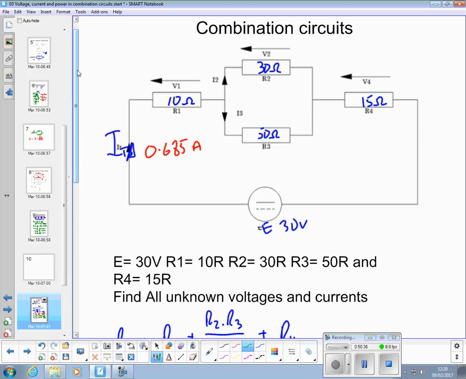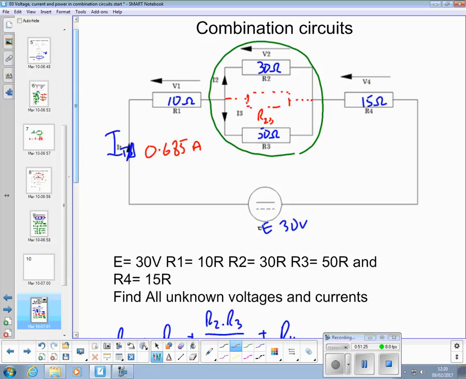The other way is, remember from last week, if we do just that parallel combination, either through product over sum or through the 1 over R formula, what we end up with is a single resistor that would replace those two, and we were tending to call that R23, weren't we?